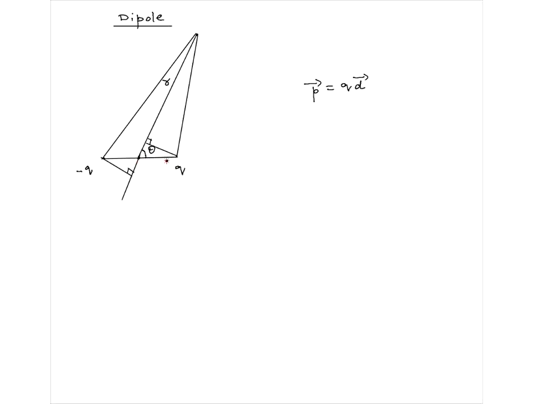This is D by 2. D by 2 cos theta, D by 2 sin theta. This is D by 2 cos theta. So from here to here, it will be R minus D by 2 cos theta.